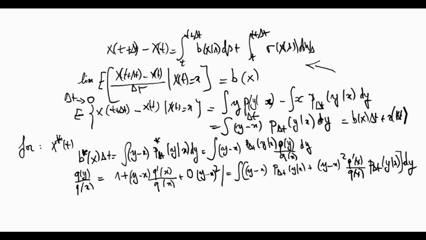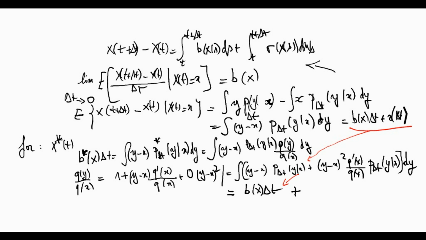So now, by definition, this is equal to the initial drift. So this is exactly b of x delta t. So this is coming from this part here. And the second term here is exactly the characterization, as we have seen before, of the variance, which can be written.